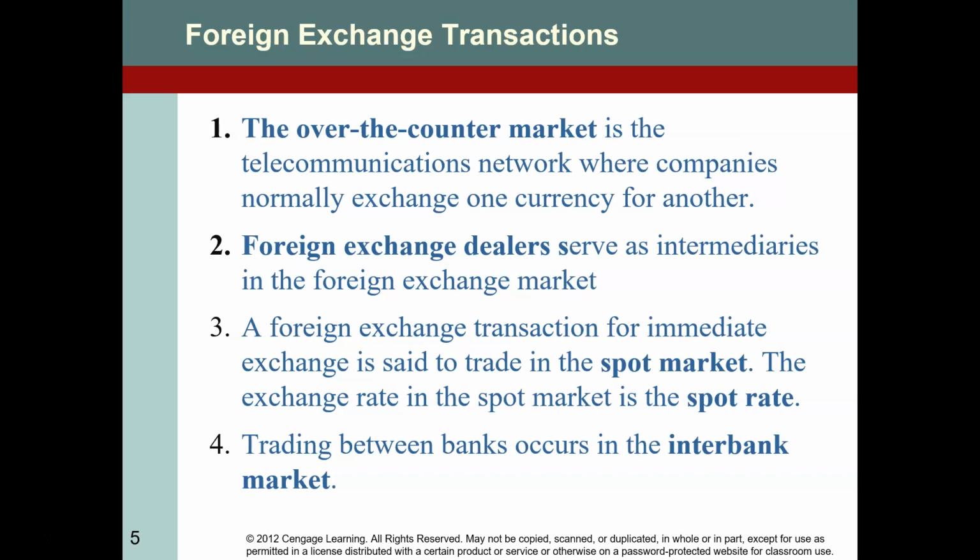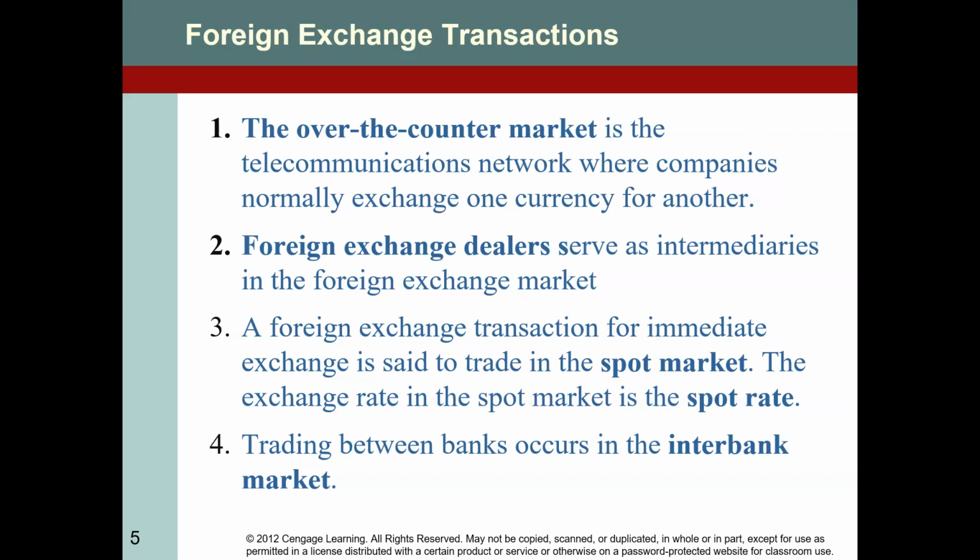Foreign exchange dealers serve as intermediaries in the foreign exchange market. A foreign exchange transaction for immediate exchange is said to trade in the spot market. The exchange rate in the spot market is the spot rate. Okay, spot rate, spot market.